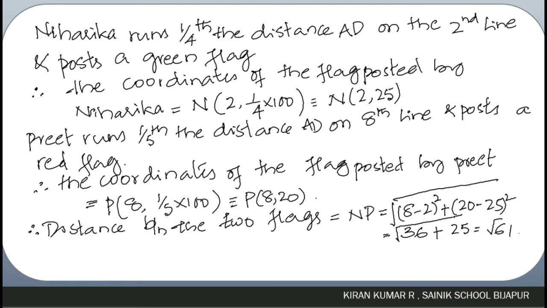If Rashmi has to post a blue flag exactly half the way between the line segment joining these two flags, then the coordinates of the flag posted by Rashmi will be the coordinates of the midpoint of NP.